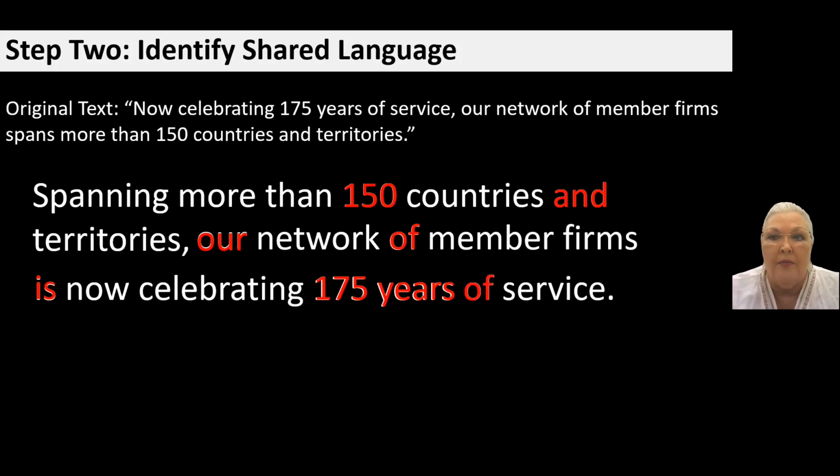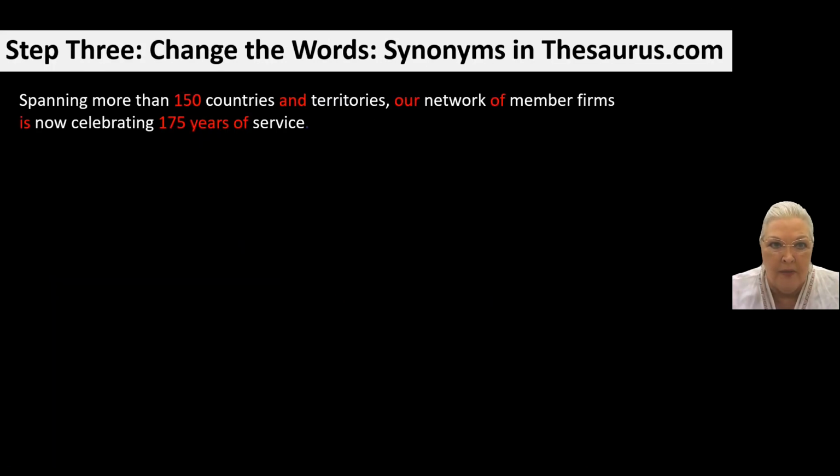All right. So step 3, change the words. I'm going to have to find synonyms for the words that are not highlighted in red. So there's 2 places that we recommend you might want to go to find synonyms. So let's look at the word "network" in the middle of the sentence. Thesaurus.com is a terrific source for synonyms.